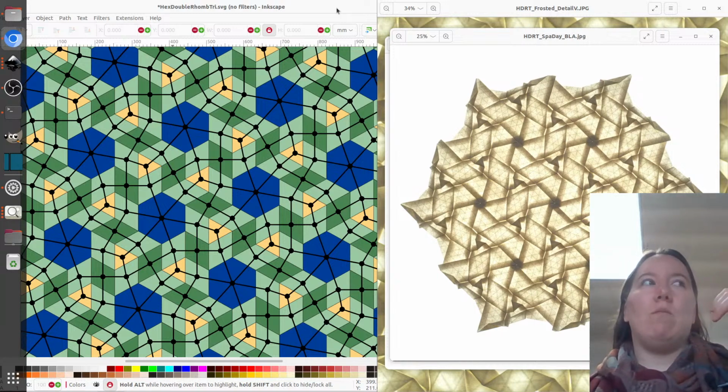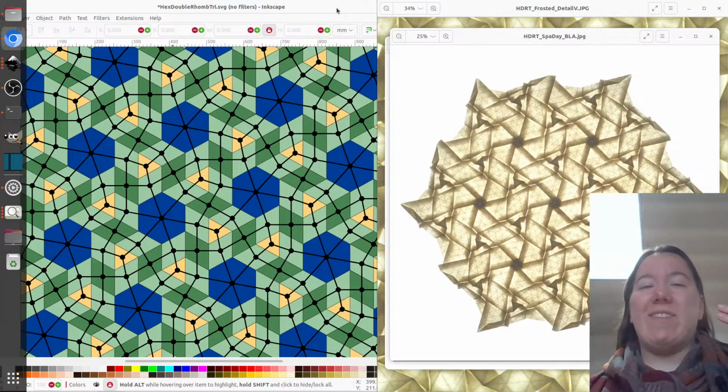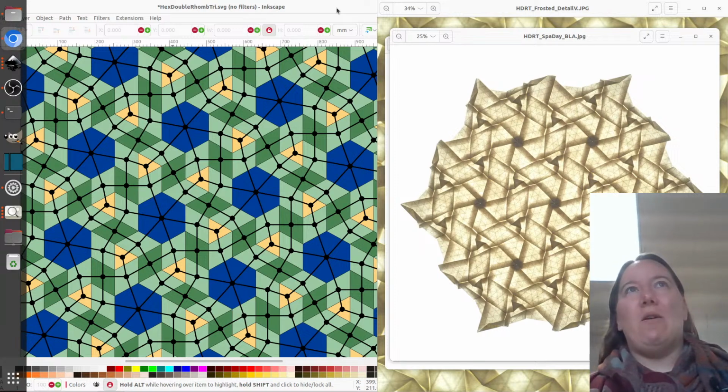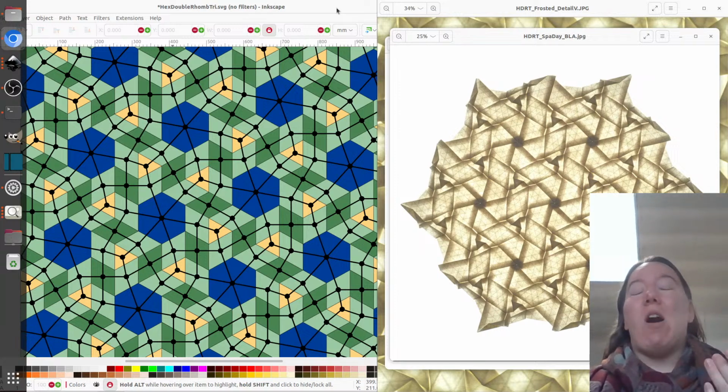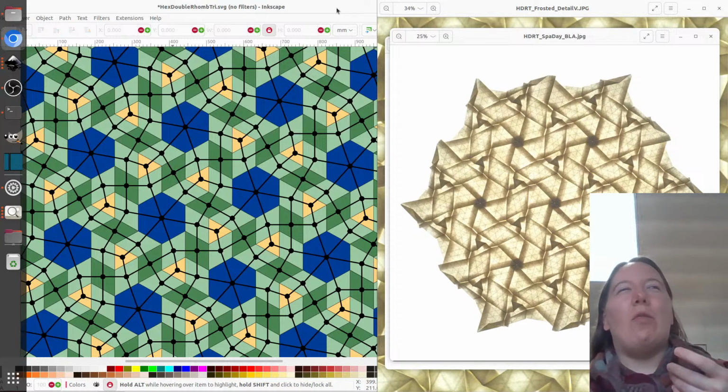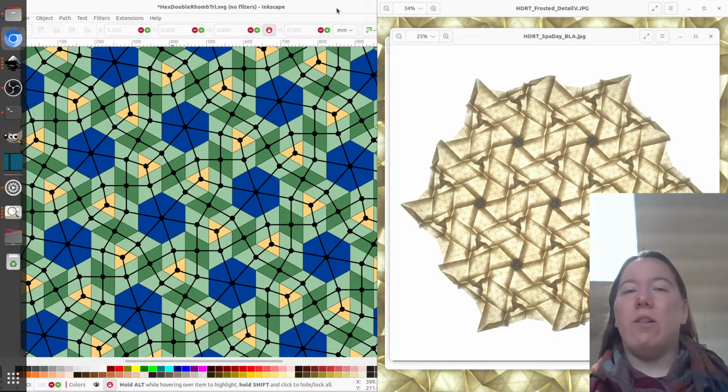And then we can basically use it like a coloring book to see what different options there are for placement of symmetry points. Those uses of tilings have really unlocked a lot of new patterns for me.